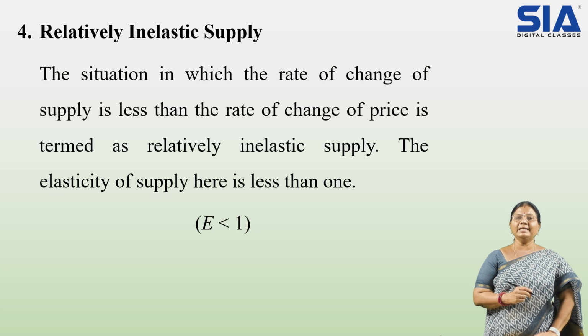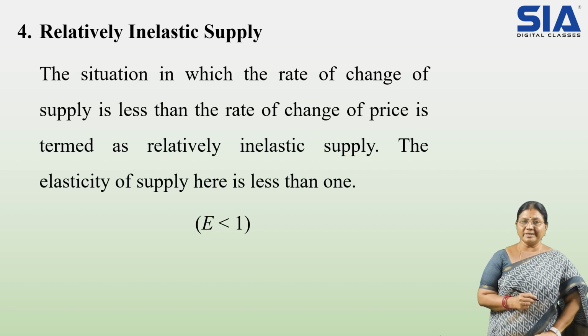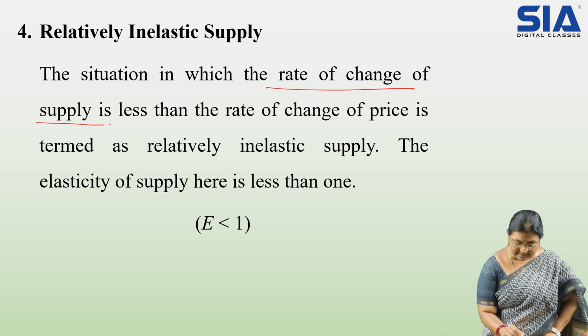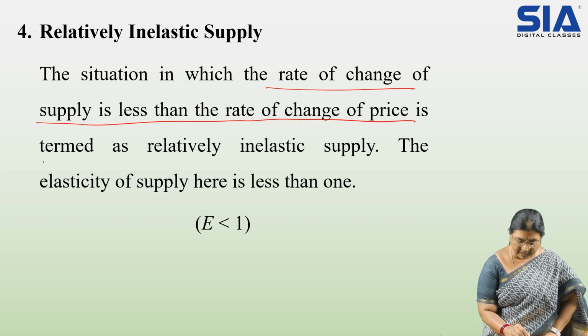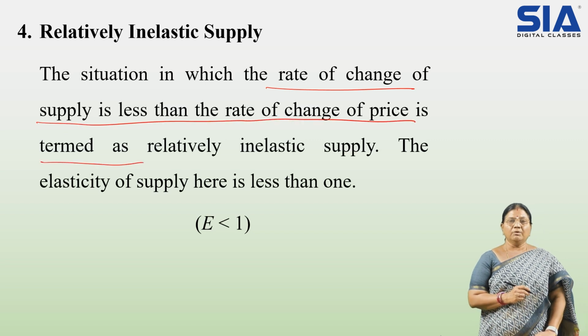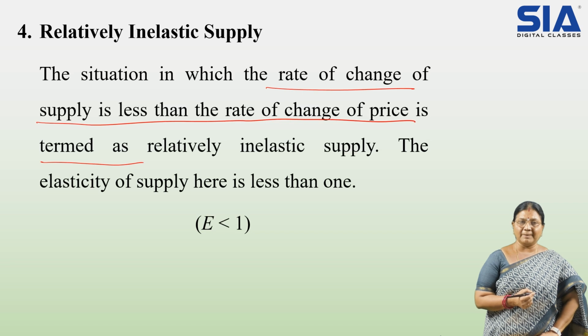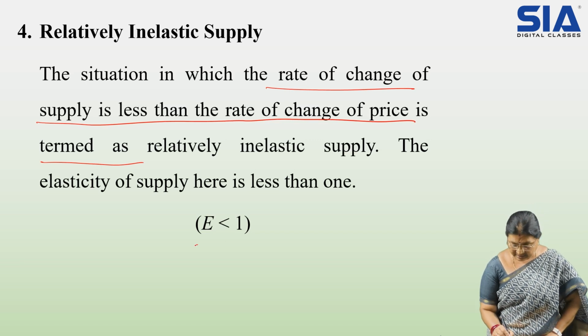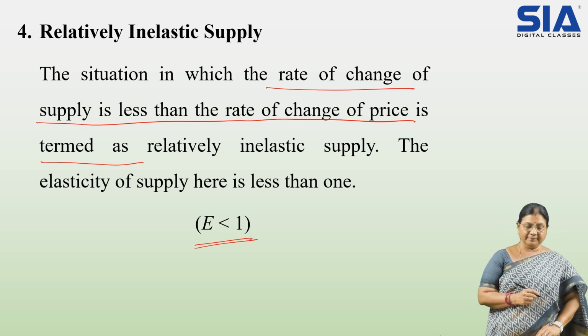Then relatively inelastic supply is the situation when the rate of change of the supply is less than the rate of change of the price. That is, when the change in supply is less but the change in the price is more, it is said to be relatively inelastic. The elasticity is less than 1.